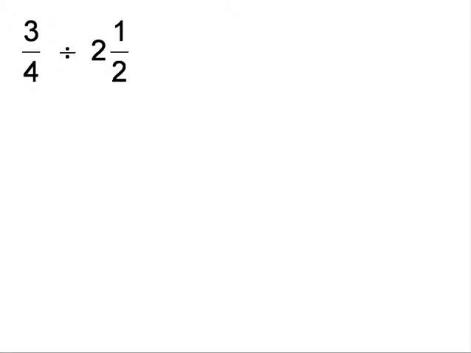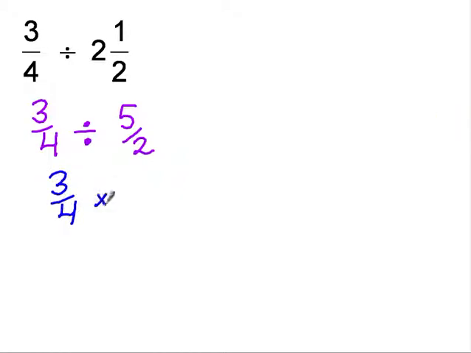Ooh, now we got to throw mixed numbers in there. So, first thing, what is 3/4 divided by... 5 over 2. Good. So then now, what's my problem really? 3/4 times 2/5. Can I cancel anything on the diagonals? Yep. What diagonal? The 4 and the 2.